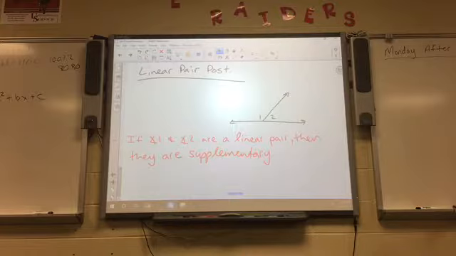Any specific questions on linear pair postulate? Okay, we kind of already knew that one. Or should have. You should have known at least that they add to 180, and you should have known that if two angles add to 180, then they're supplementary, which is linear pair. It's all really the three are all really the same thing.